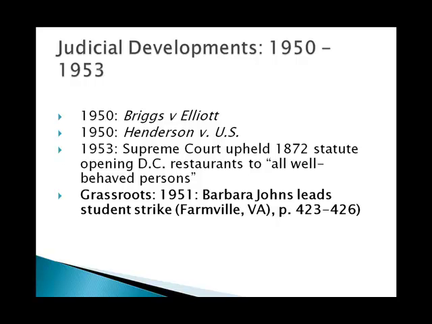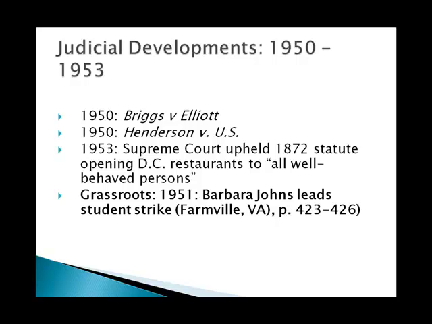Then you have the case of Henderson v. U.S. in 1950, where the Supreme Court orders the desegregation of dining cars on interstate railroads. Then in 1953, the Supreme Court upheld an 1872 statute opening District of Columbia restaurants to, quote, all well-behaved persons.